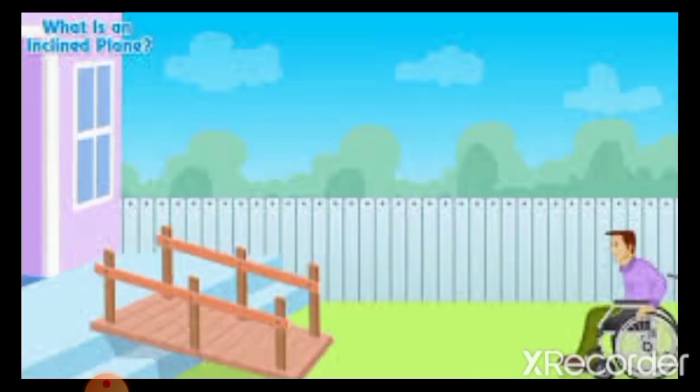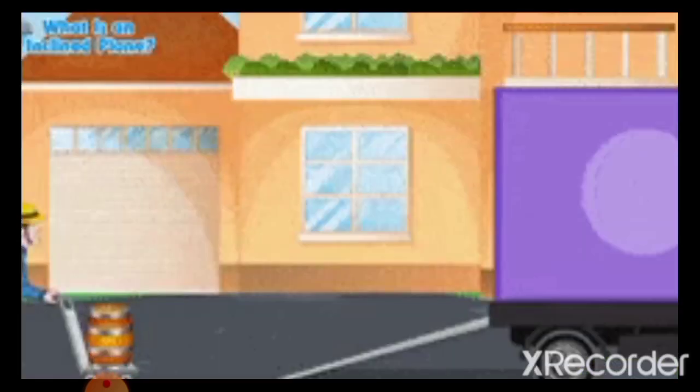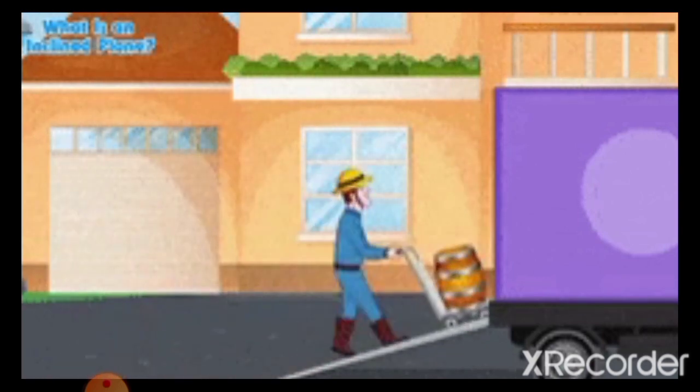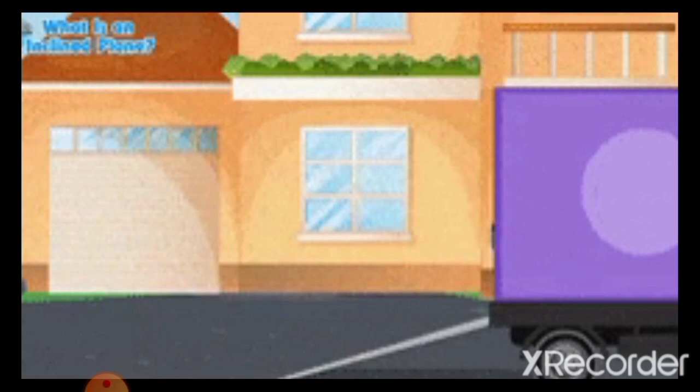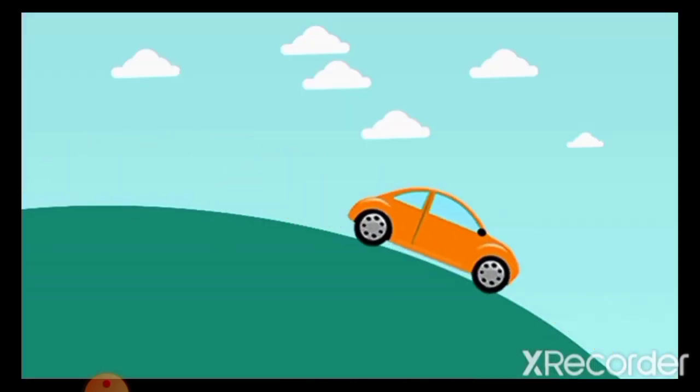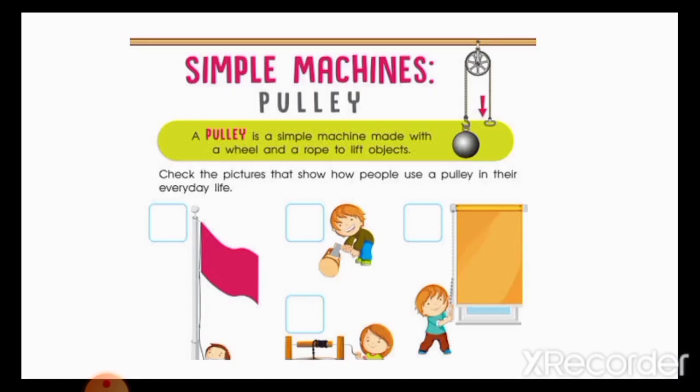These are examples of inclined plane. They are usually flat but sloppy. So these are practical examples of our real world life experience with inclined plane. The car is going down the slope and so many other examples.